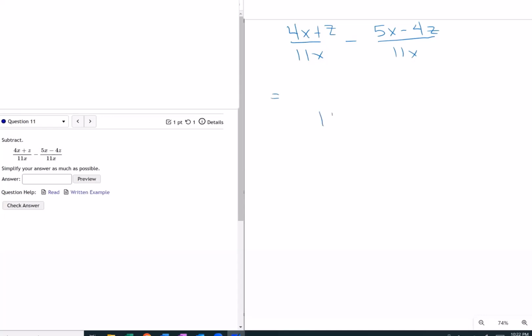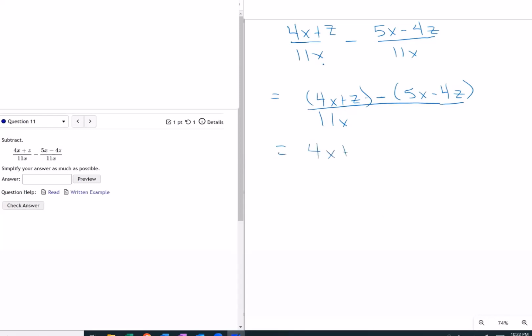We have a common denominator, but what we're really doing is we're saying 4x plus z minus 5x minus 4z. If you just take that negative and put it to the 5x, it's going to be incorrect. You have to distribute that negative.